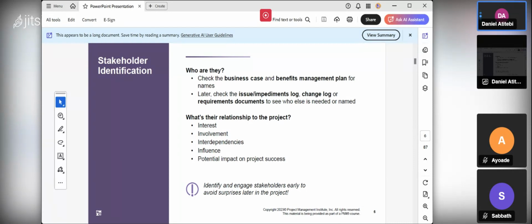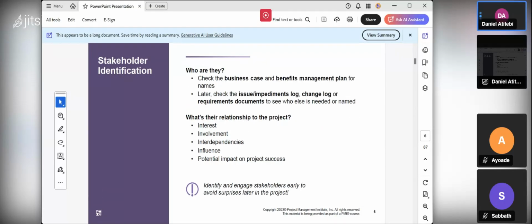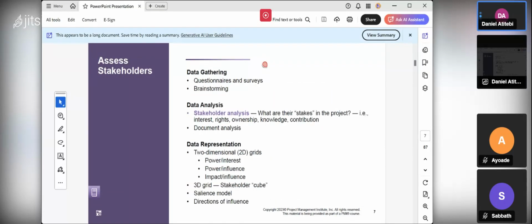So remember that any stakeholder you have not identified or engaged early can cause a surprise to your project. To identify them, there are different techniques you can use. That is what we are looking at here now.